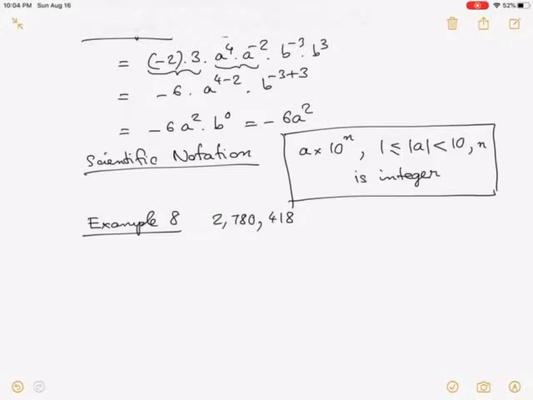To write it in scientific notation, first we move the decimal point 6 places to the left. So this is the decimal point here. We move it here. That means 6 places to the left. Therefore, we multiply by 10 to the power 6.